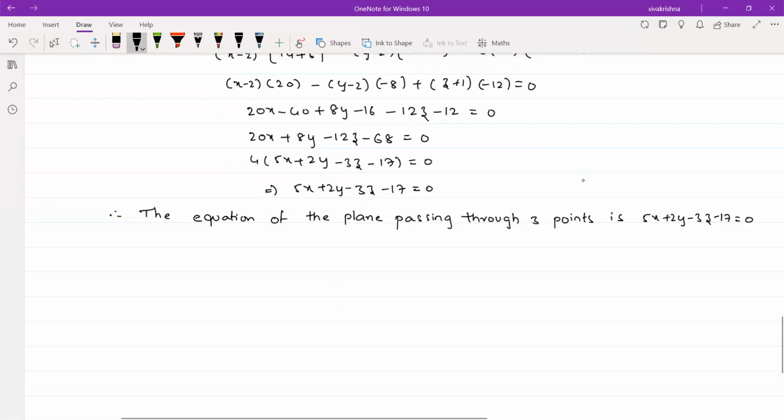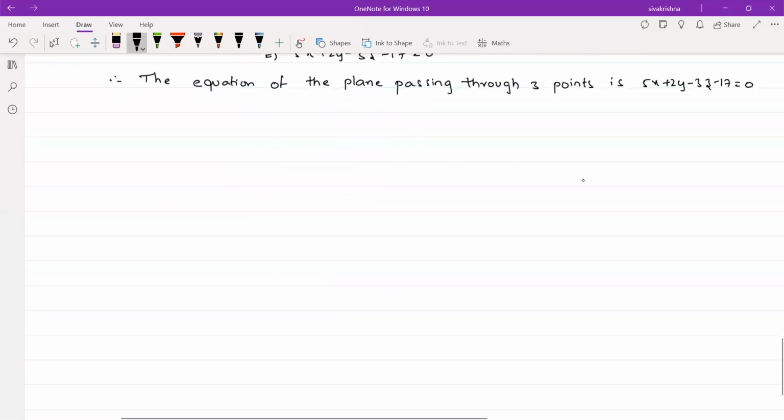Okay, so for understanding, I am giving you one more problem. So coming to the second problem. So now we have to find the equation of the plane passing through another 3 points. So write down the problem. Find the equation of the plane passing through the points.